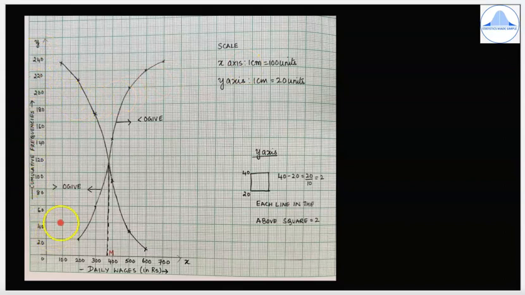Then if you check all the cumulative frequencies, that is in the less than cumulative frequency column and more than cumulative frequency column, you'll see that the least value is 20 and the highest value is 230. So I have taken on the y-axis 1 centimeter as 20 units.